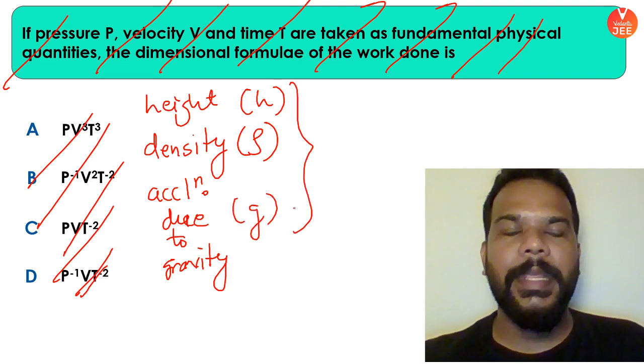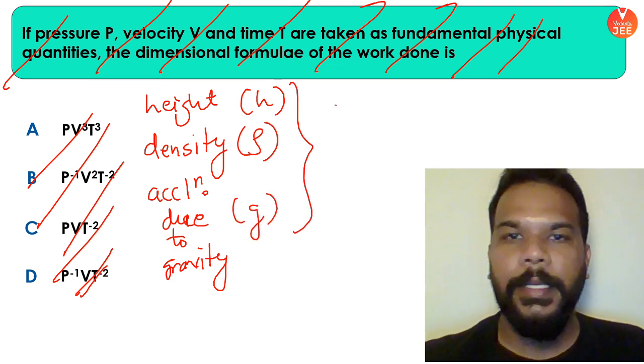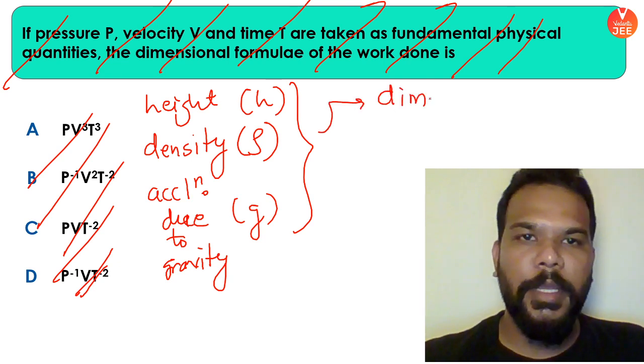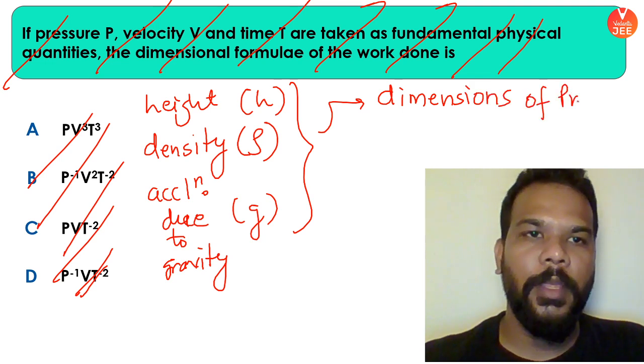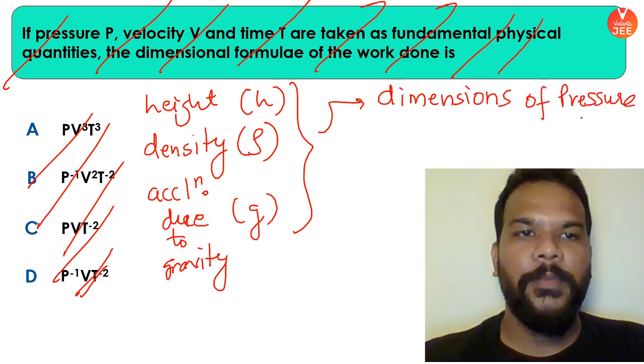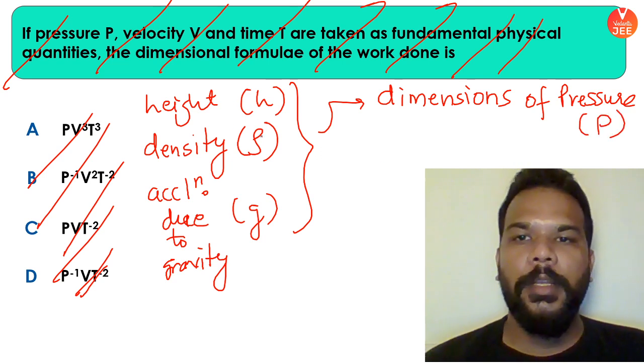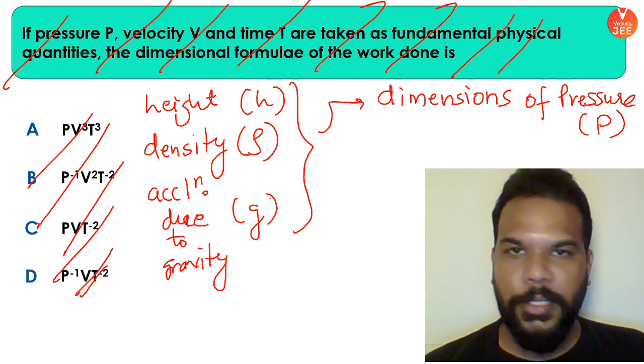If these three are taken as fundamental quantities, then you have to find the dimensional formula or dimensions of pressure. Find the dimensions of pressure in terms of height, density and acceleration due to gravity.